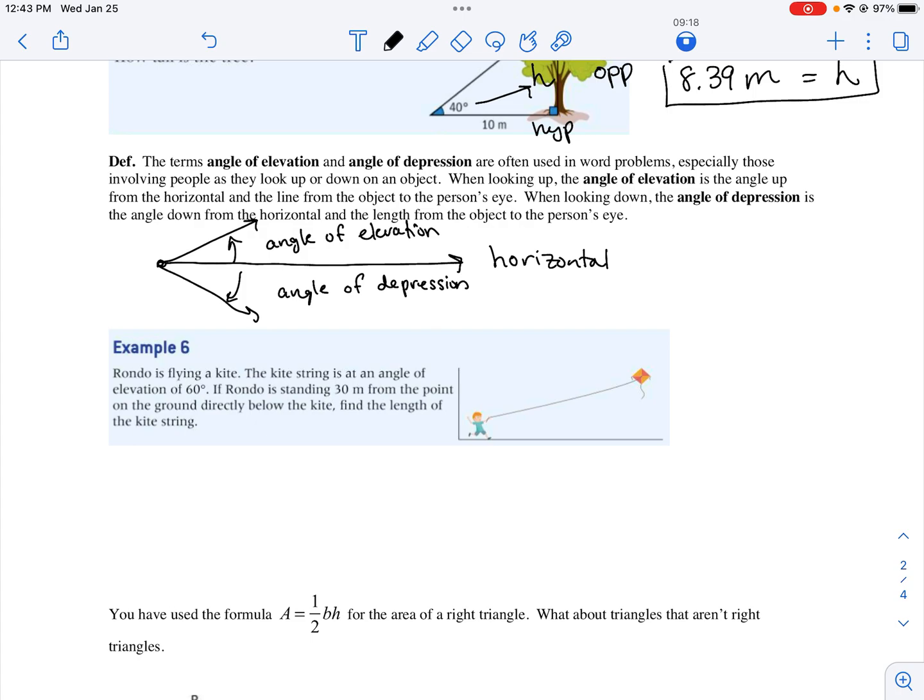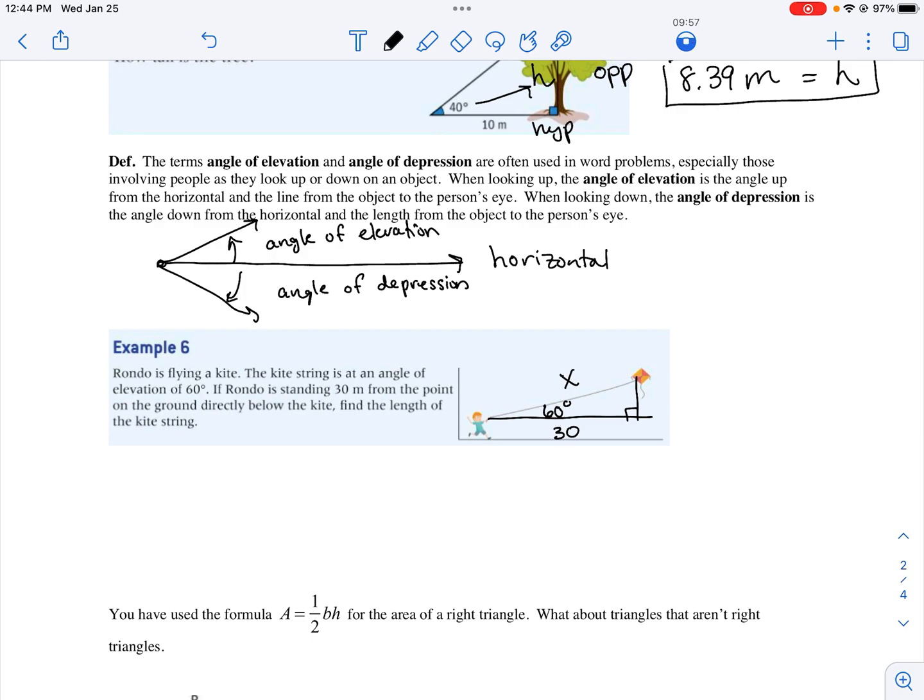So let's look at example 6. Rondo is flying a kite. The kite string is at an angle of elevation of 60 degrees. So I'm going to go ahead and draw from a horizontal line. This is 60 degrees. If Rondo is standing 30 meters from a point on the ground directly below the kite, find the length of the kite string. So my kite string is x. Let's think here a moment. What trig function would I need to use?